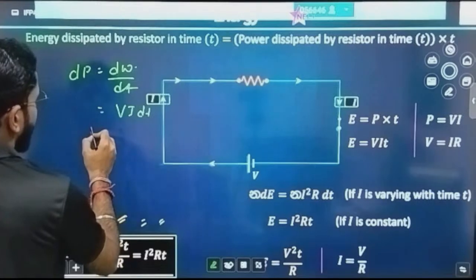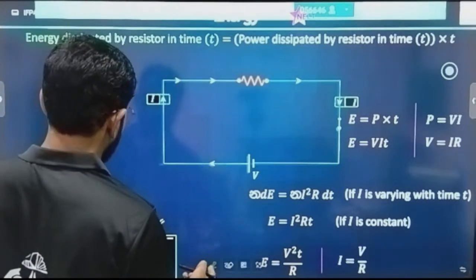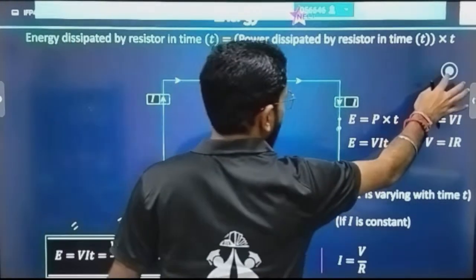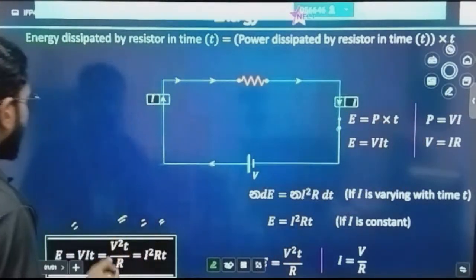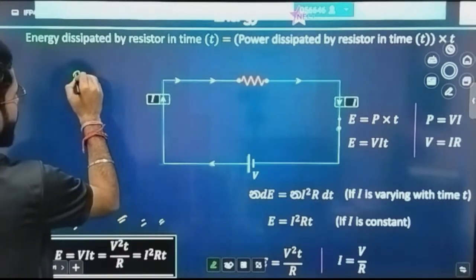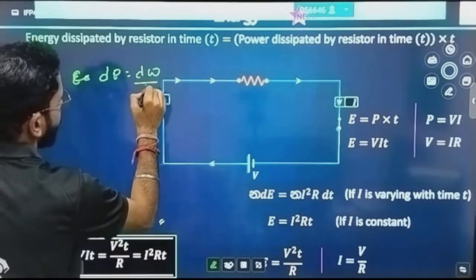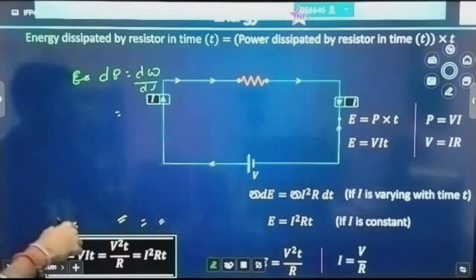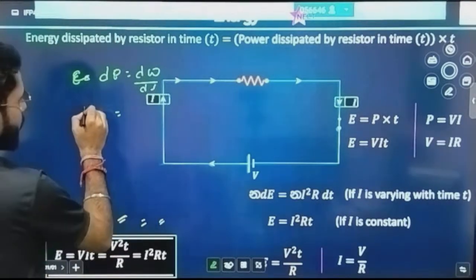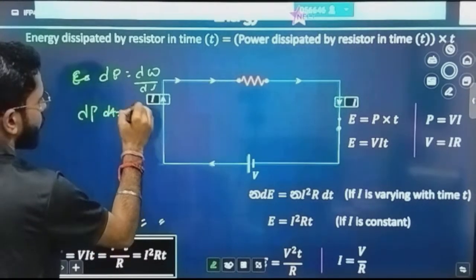Power P is equal to dW by dt, and this work done is converted into heat loss. That means dP into dt is equal to dW.